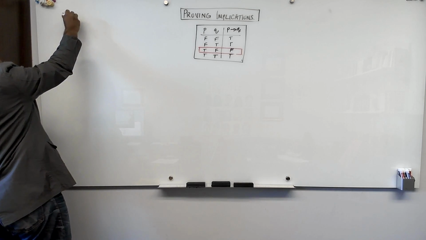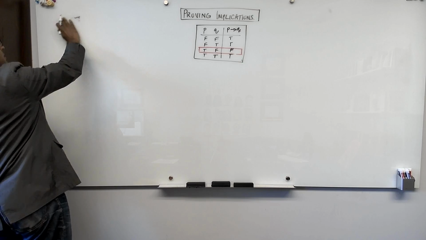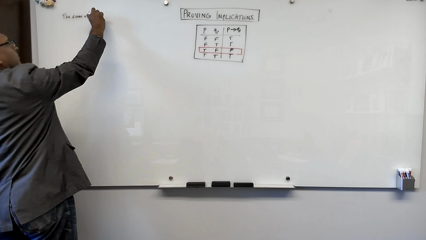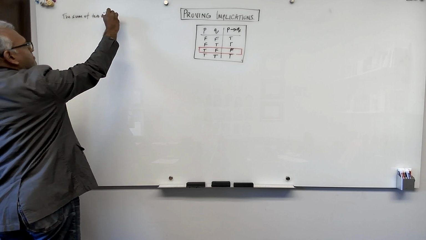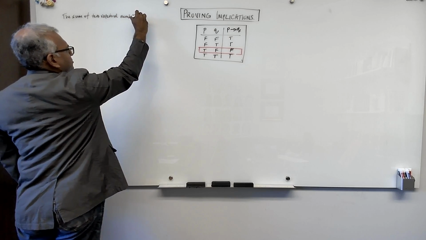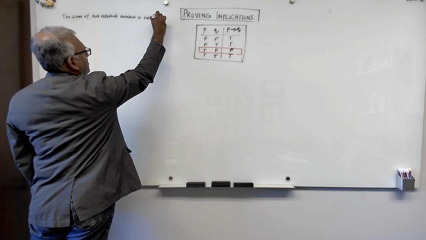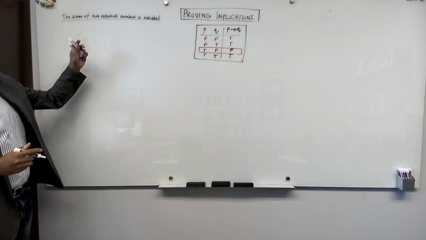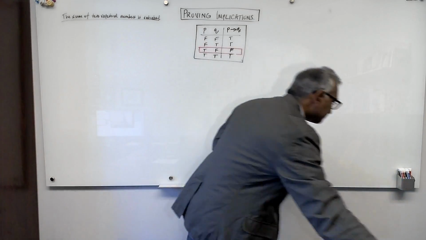So, the sum of two rational numbers is rational. Okay? Example number 1.